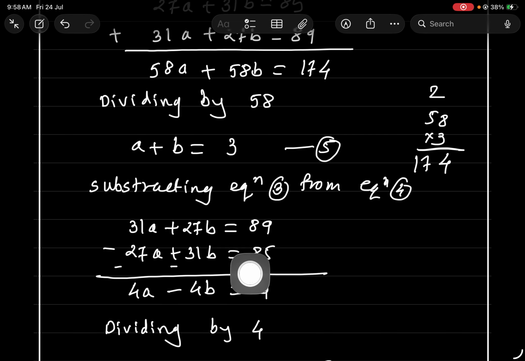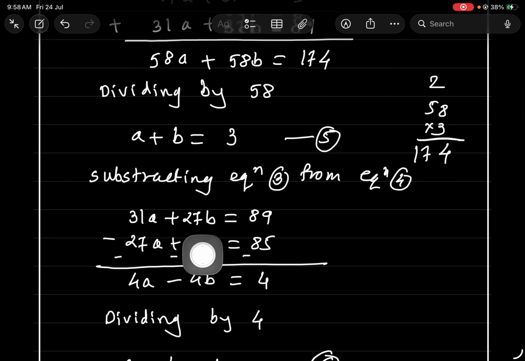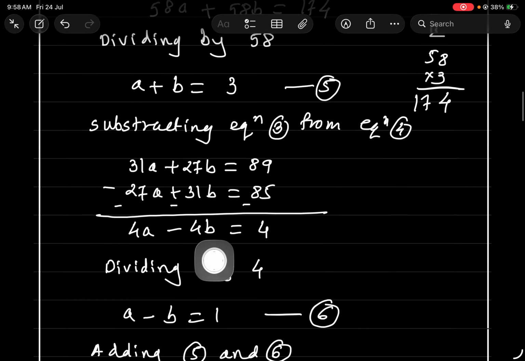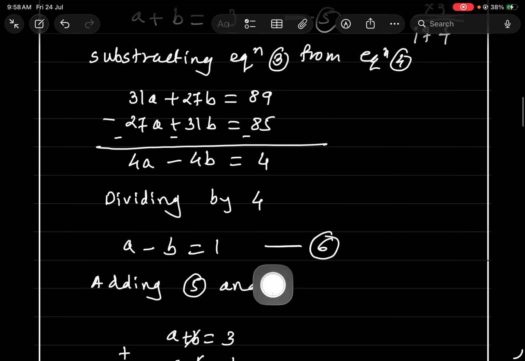So 4 is written first and then 3, and subtracting means we have to change the sign, opposite sign we have to give. So 31 minus 27 means 4a. Then again 27 minus 31, 31 is bigger, so minus 4b and equal to 4. Now very easy, divide by 4, so you will get a minus b equal to 1, this is the sixth equation.